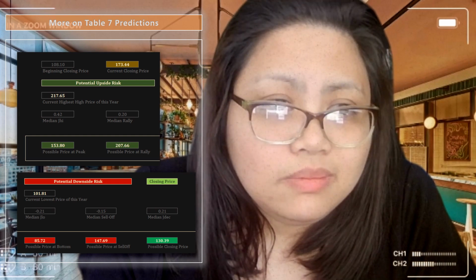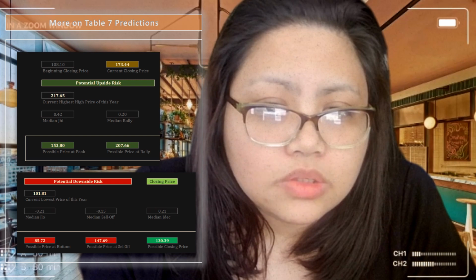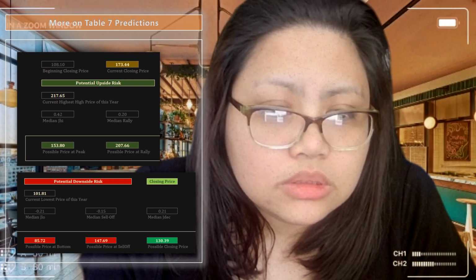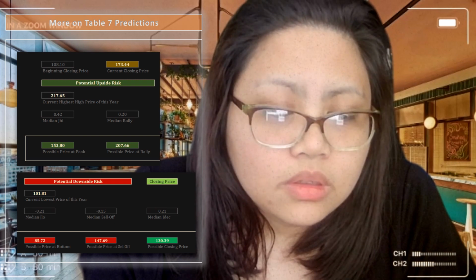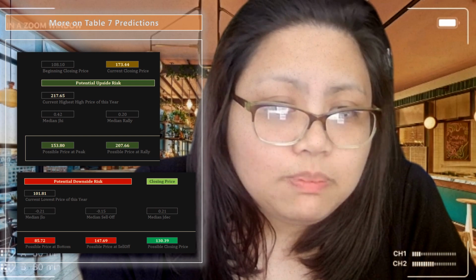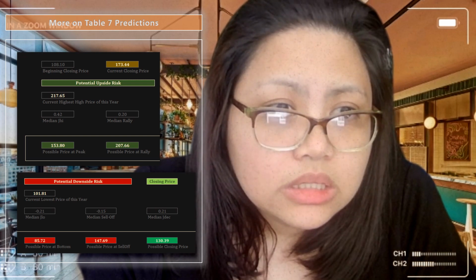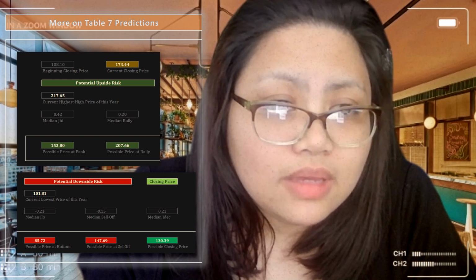Well, it doesn't really mean much, because prices fluctuate. It seems that we are over what we normally would expect, what the median is, what our conservative estimate is.